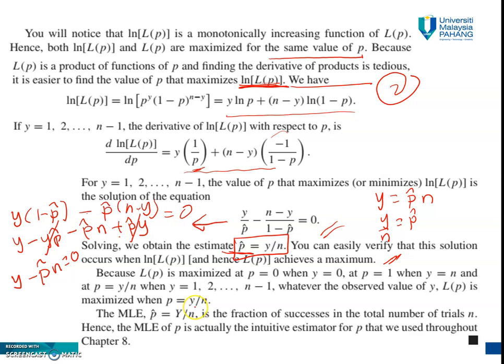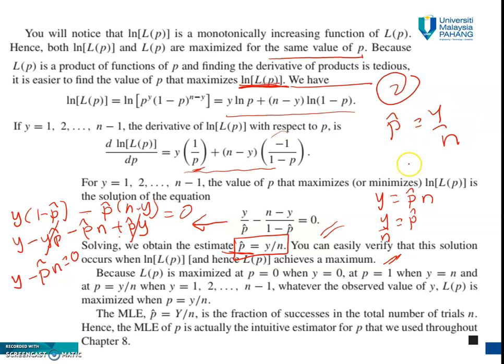You can see here, when P equals 0, y will be equal to 0, isn't it? When P equals 1, your y will be equal to n. How is it? From here, P hat equals y over n, isn't it?